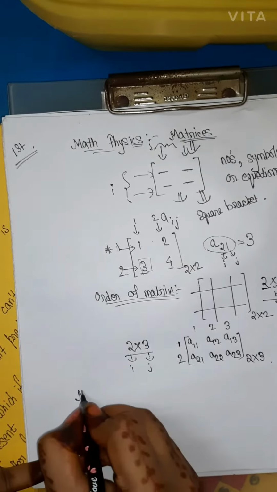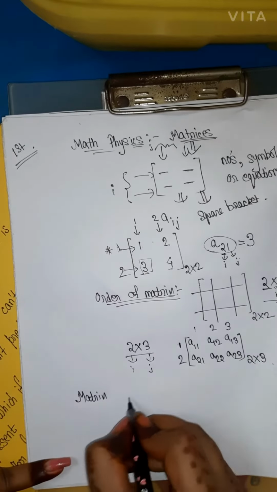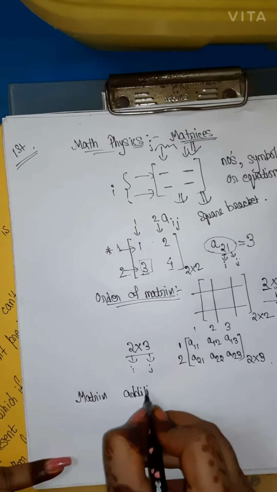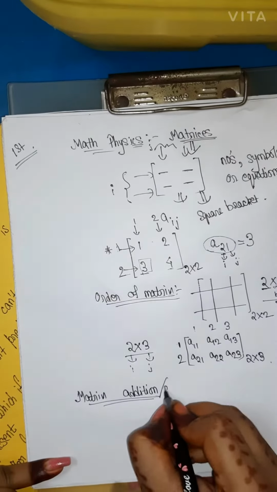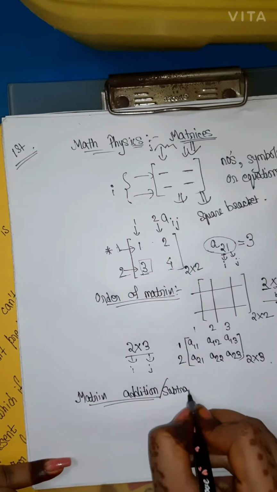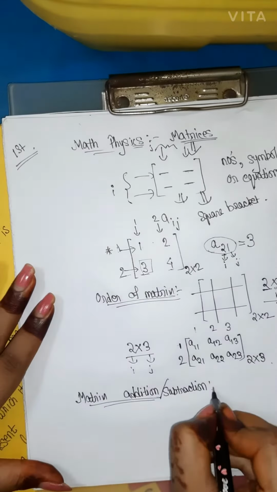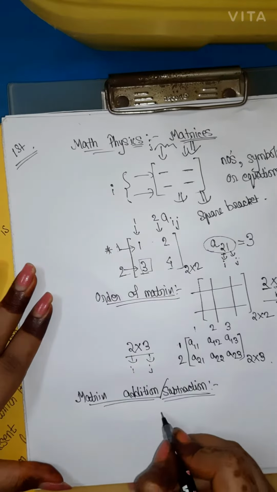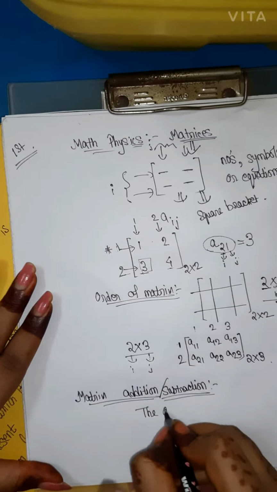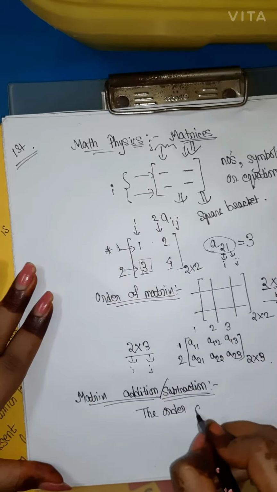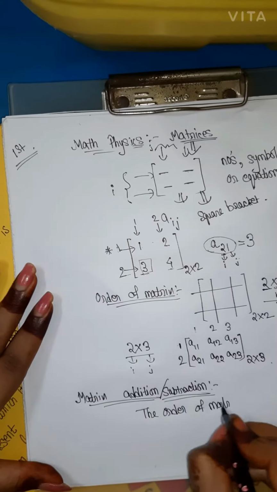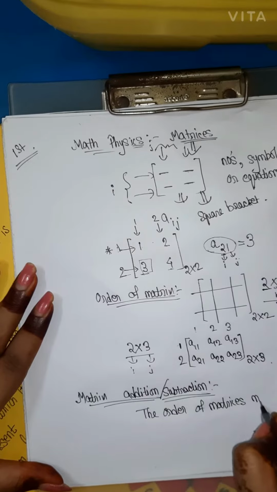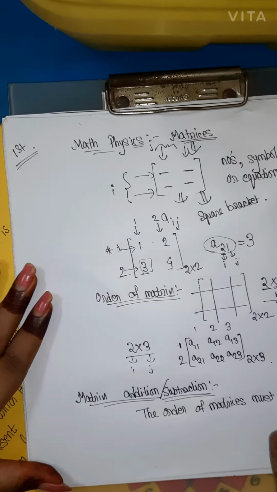So quickly we will see what we mean by matrix addition. For matrix addition or subtraction, what is the need or what is the condition? The order of the matrices which you will add or subtract must be the same. What do we understand by this?